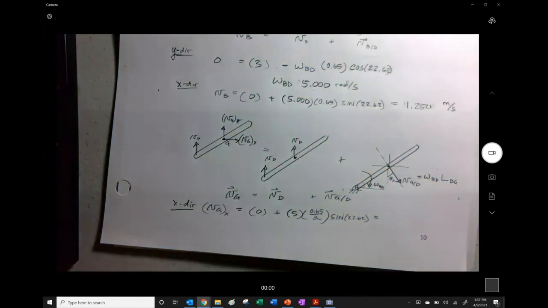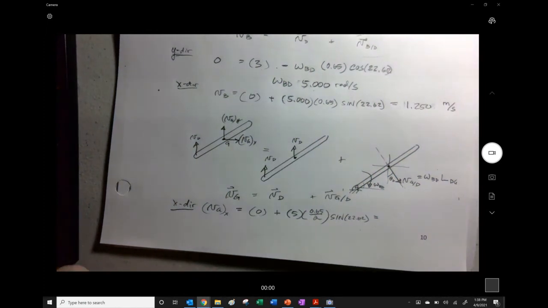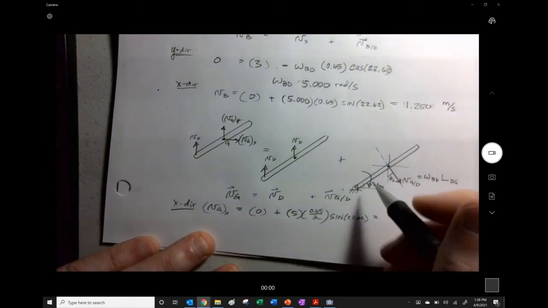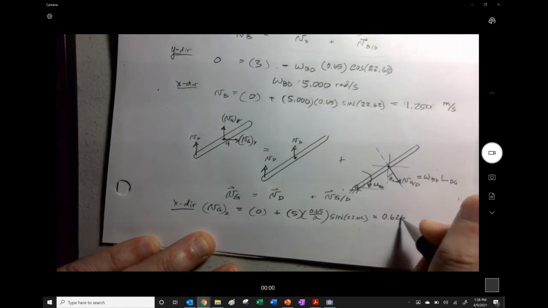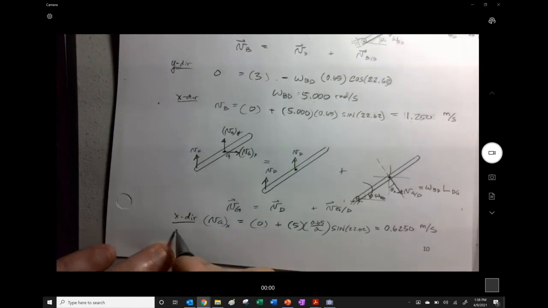Should be half of that, right? Duh, yeah. So I get 0.625 meters per second.